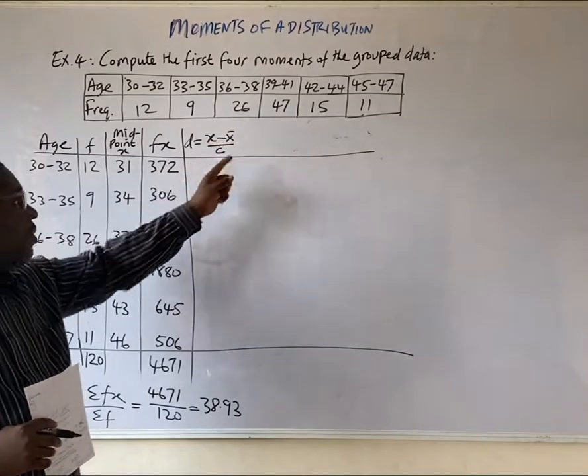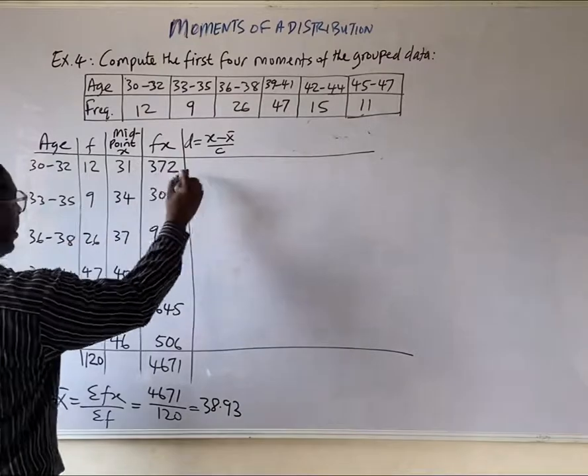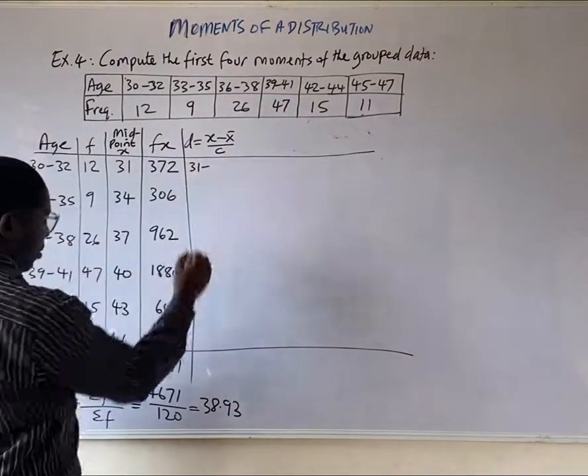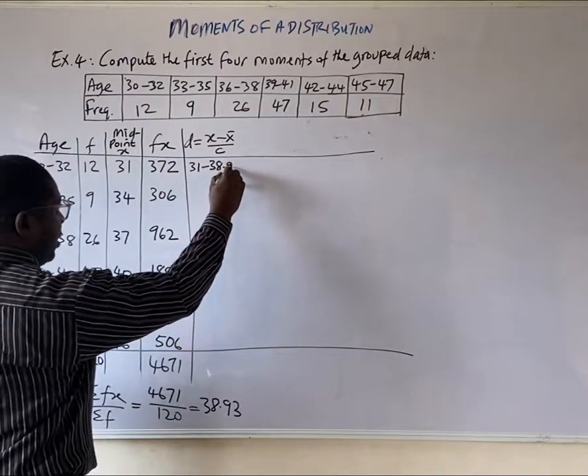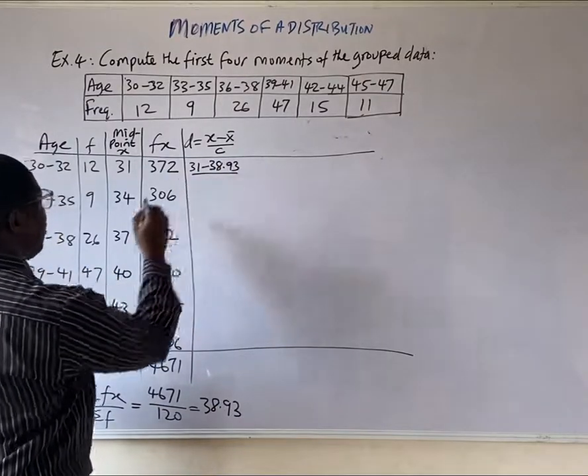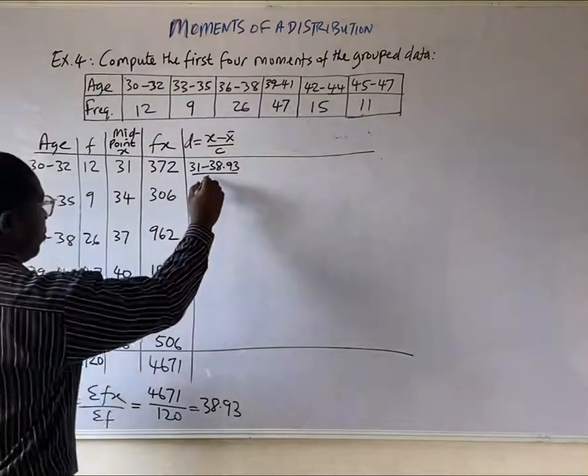So this will be 31 minus 38.93 all over, what's our class interval here? 3. Thank you. We have 3.